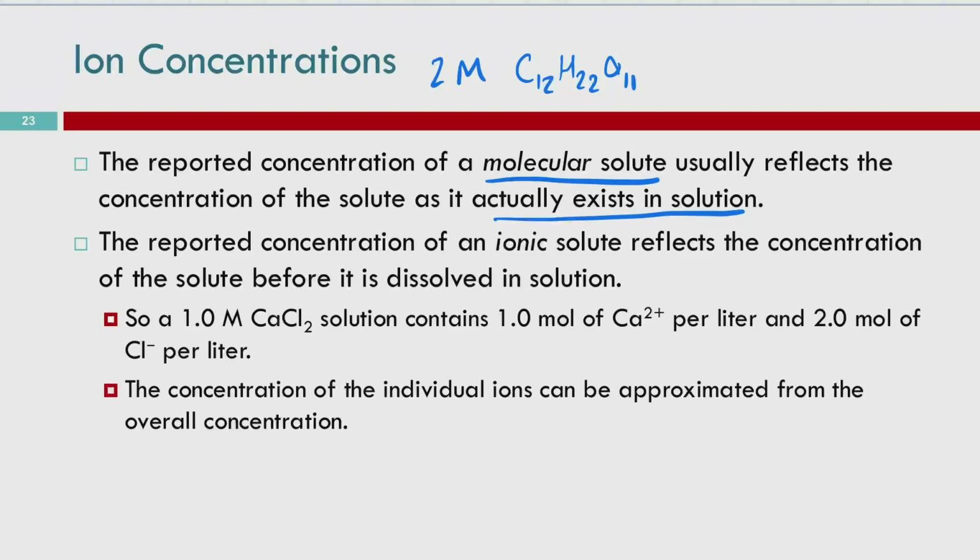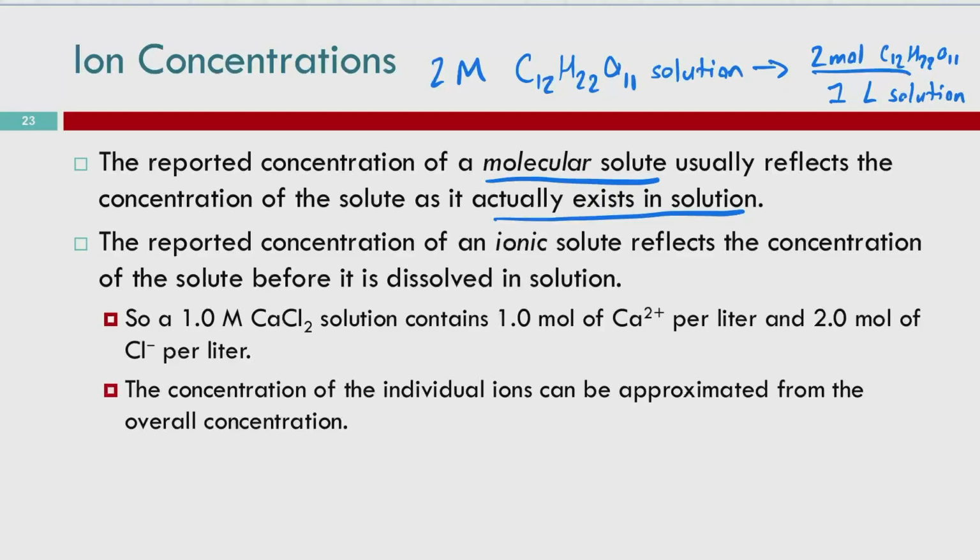So 2 molar sucrose solution actually means that we've got 2 moles of sucrose per 1 liter of solution, because the sucrose molecule stays intact. It's just a 1-to-1. 1 in the solid, 1 in the solution.